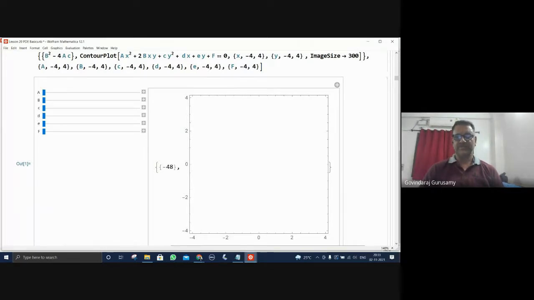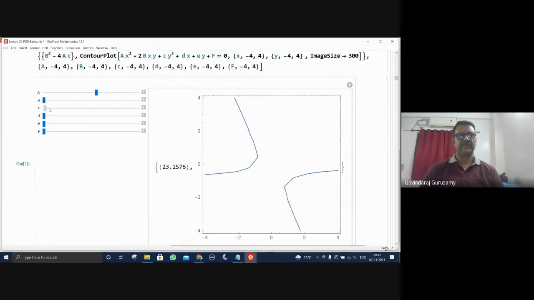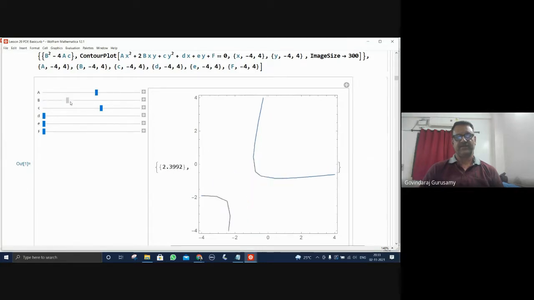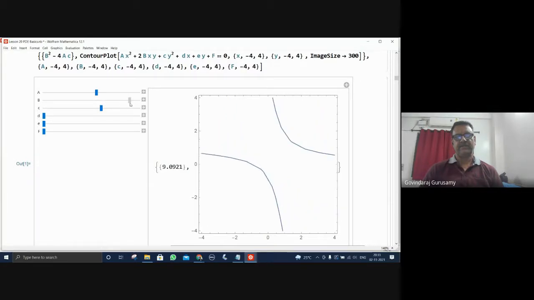The region also really matters now. Okay, so now you can see what is going to happen. B square minus 4ac. I have not come to the minus yet. Is it not? If I come to the minus, okay, I am coming to the minus now, plus b square minus ac.